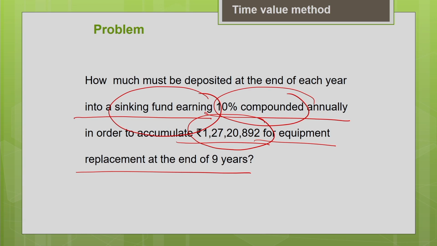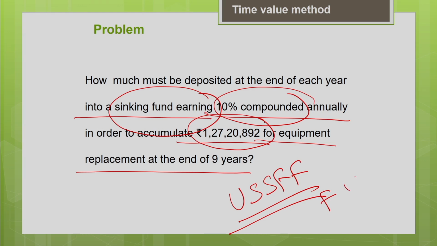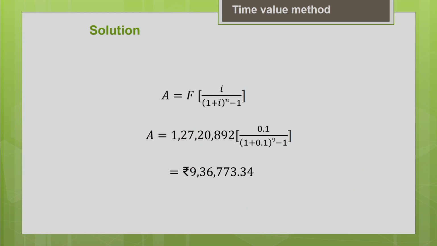For this I can go for the uniform series sinking fund factor. With the help of this factor, I can estimate this value. The future value is known, and you need to find A, what I should deposit into the sinking fund every year.